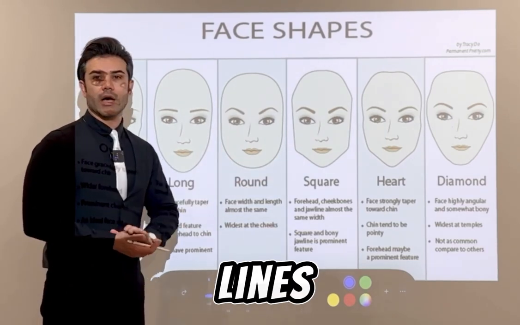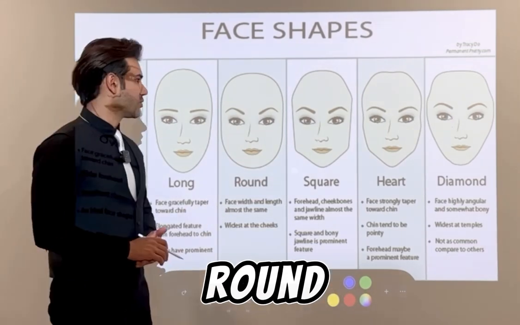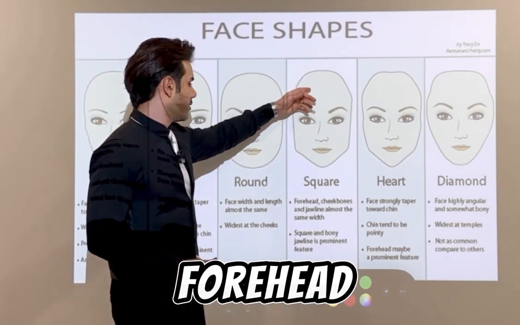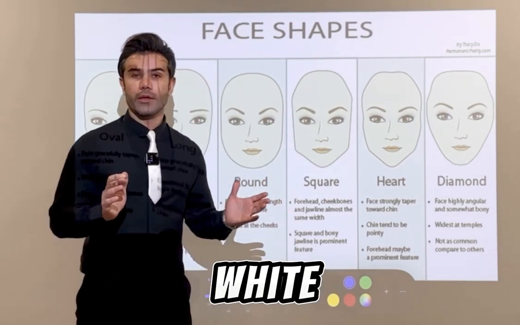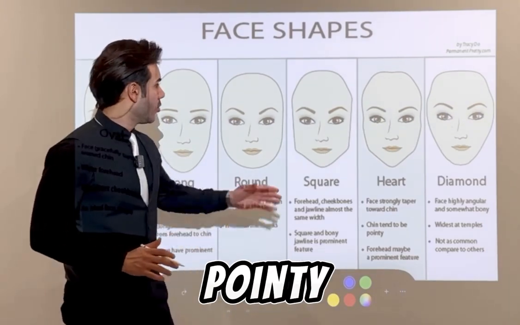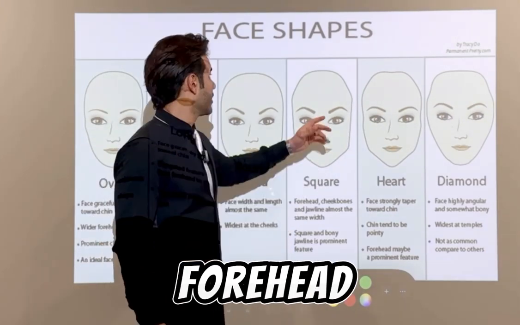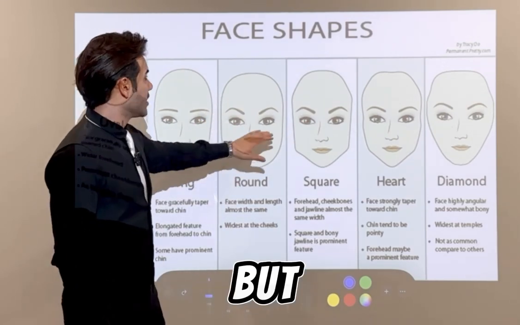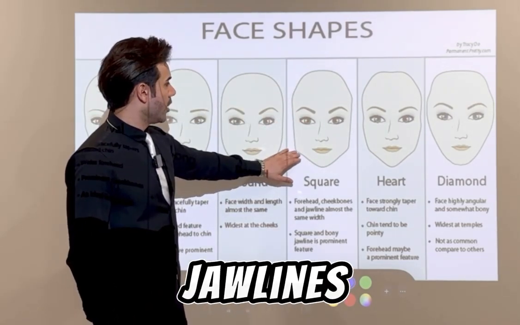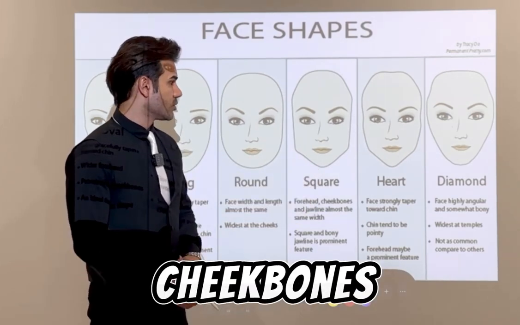Even the jaw line is called round square, where the forehead and jaw lines are wide and pointy. You can see the forehead is as big as the round face, but the forehead, the jaw lines and the cheekbones are totally different.